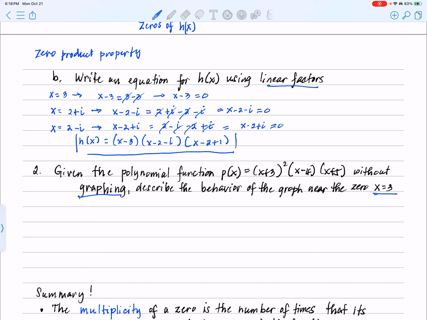So it's a 0 from here. Okay, it has a multiplicity of 2 because you have that x equals 3. It is a 0 with multiplicity of 2.